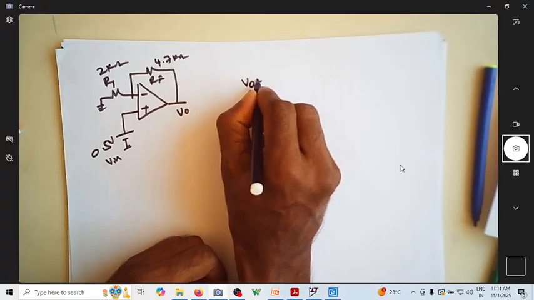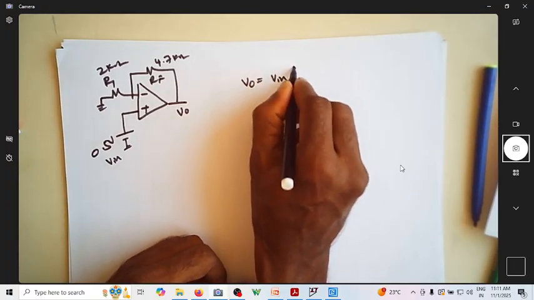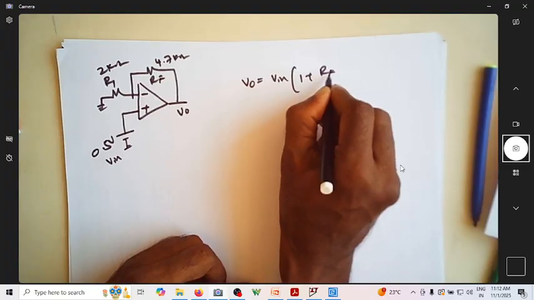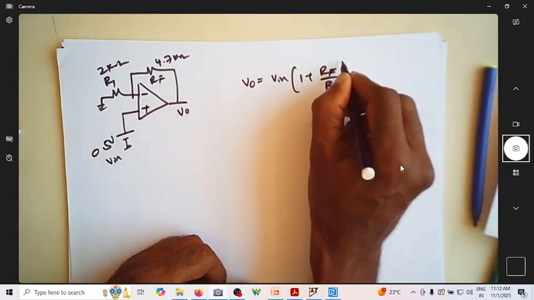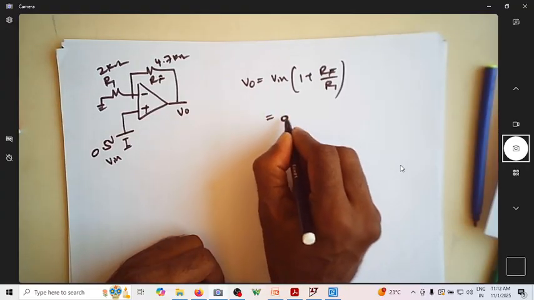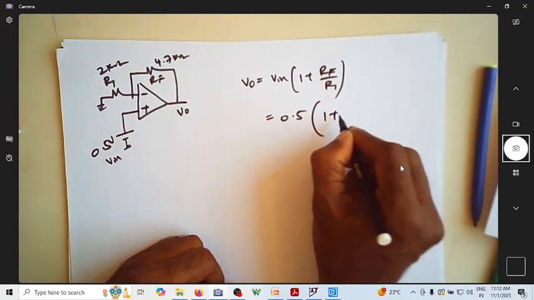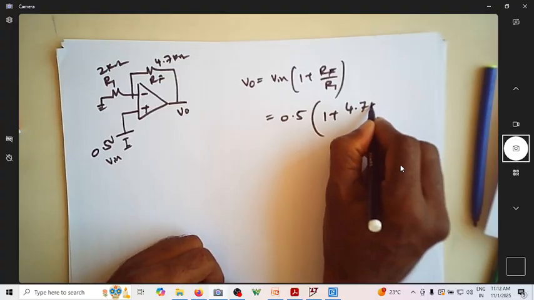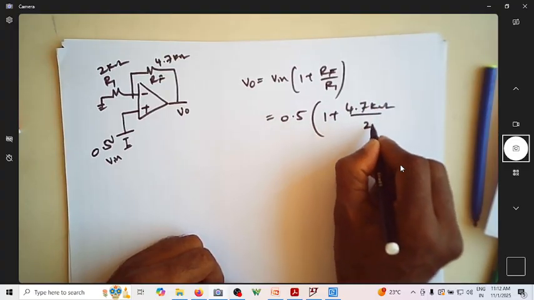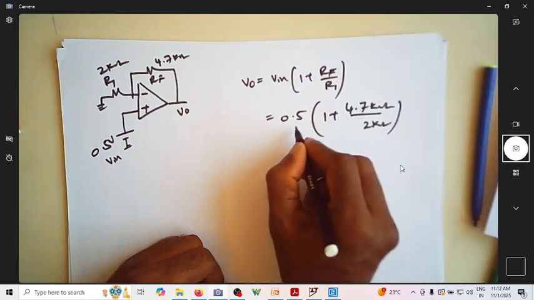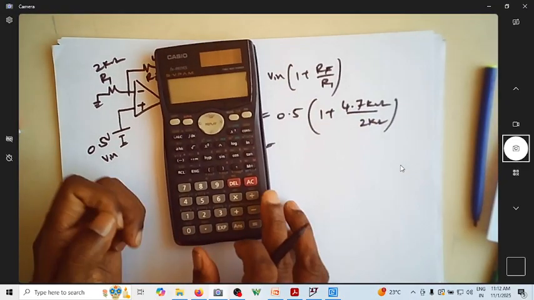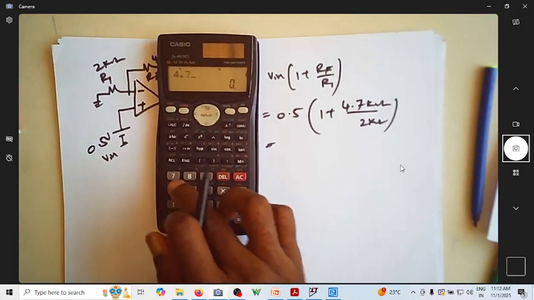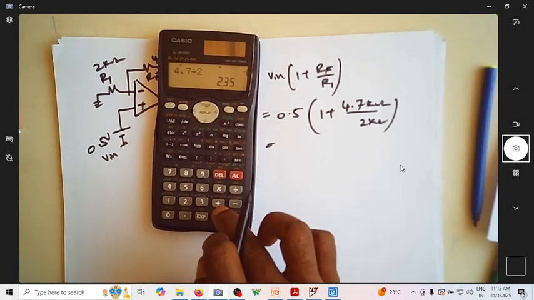So what is V naught now? It is nothing but V in times 1 plus RF by R1. What is V in? It is 0.5 volt. It is 1 plus RF, which is 4.7 K, and this is 2 kilo ohm. So what is 4.7 divided by 2 plus 1?